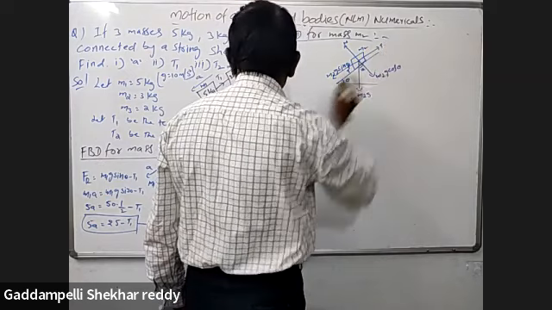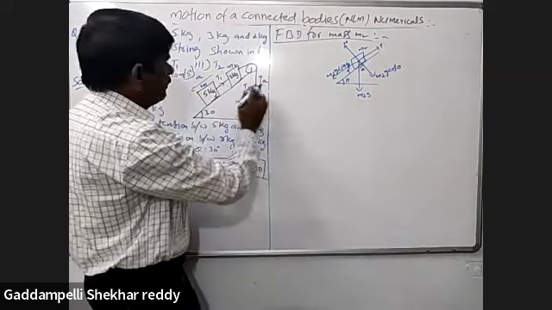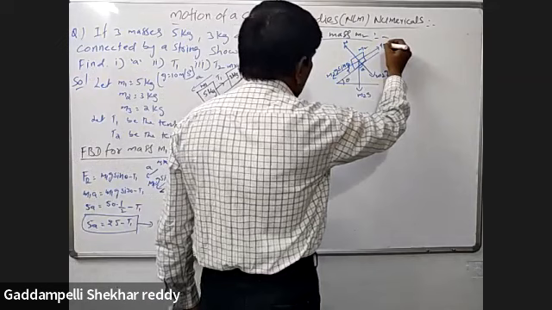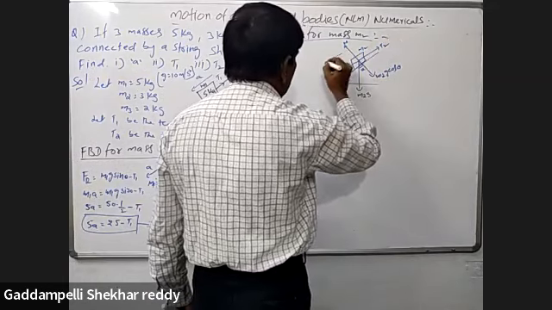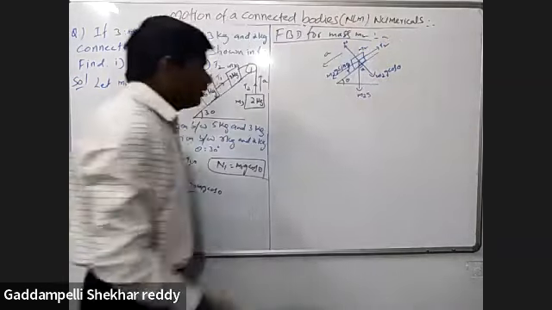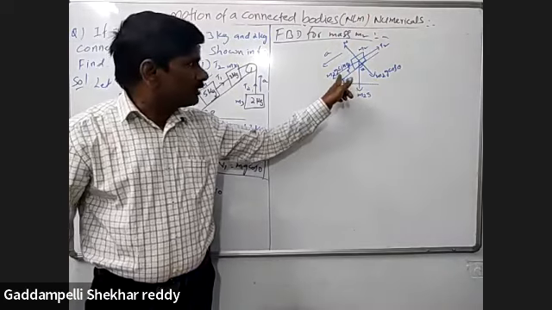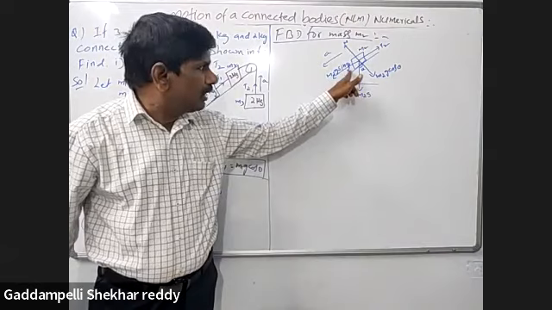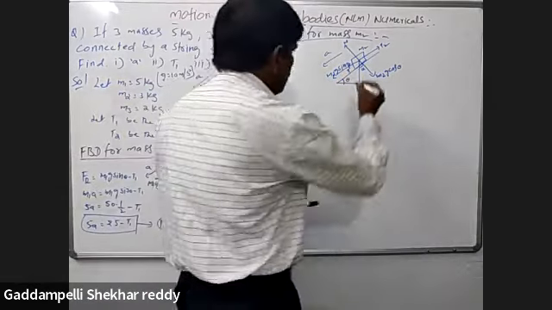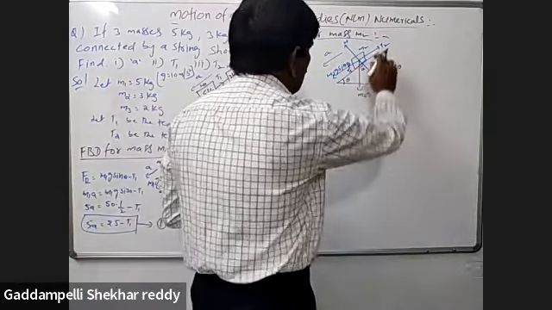Next, T2, up to here, T2 only, in the upward direction. The acceleration of the body is downward along the inclined plane. So along the inclined plane, how many forces? M2G sin theta and tension T1, and upward T2.